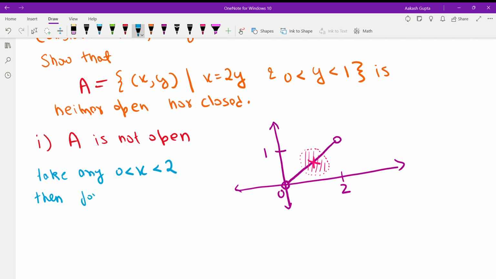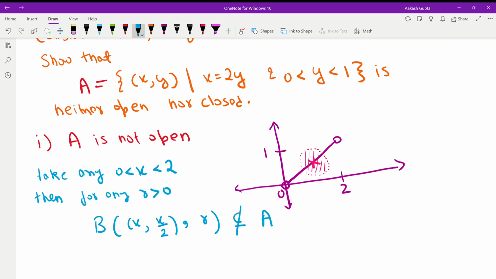Then our claim is, for any r bigger than 0, the ball centered at the point (x, y), where y is x by 2, with radius r is not sitting inside the set A.